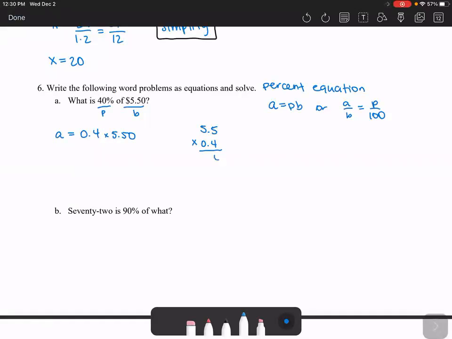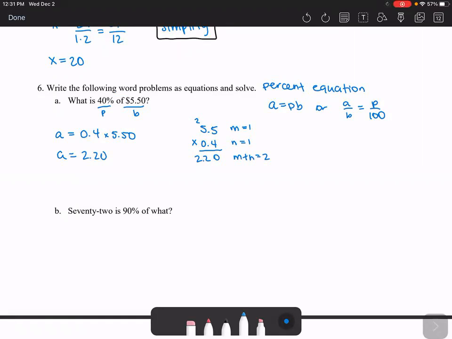So 5 times 4 is 20, write the 0, carry the 2. 5 times 4 is 20, plus 2 is 22. And whenever we multiply decimals, we count the number of decimal places. We have 1 here and 1 here, so our answer is going to have the sum of that, which is 2 decimal places. So it's going to be 2.2. So that says that A is 2.20.